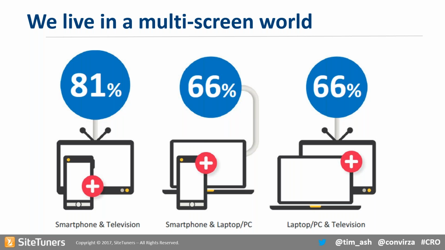All right, but the picture is actually a little more complicated than that. This is some research from Google. It goes back probably four years now. But one thing they were showing is that we use devices across different situations. We cross devices. We're watching TV and using our phone. We're on our laptop and using our phone. We're on our laptop and watching TV.